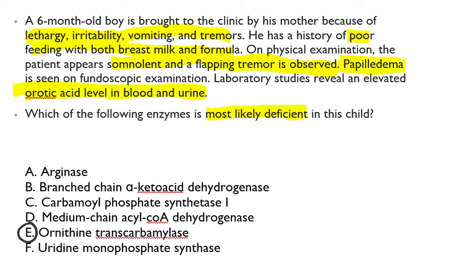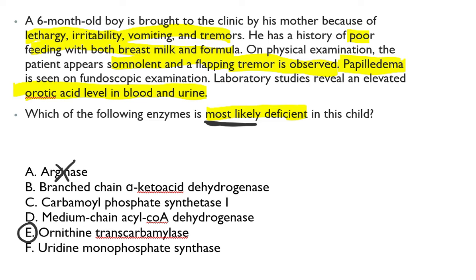And so what ends up happening is that because there is not enough ornithine to be combined with carbamyl phosphate, it gets shunted into de novo pyrimidine synthesis and also would cause an elevation of orotic acid. And you would experience hyperammonemia and elevation of orotic acid. But the reason why this answer is incorrect is because a defect in arginase is not as likely as an ornithine transcarbamylase deficiency. So that is the flaw in answer A.